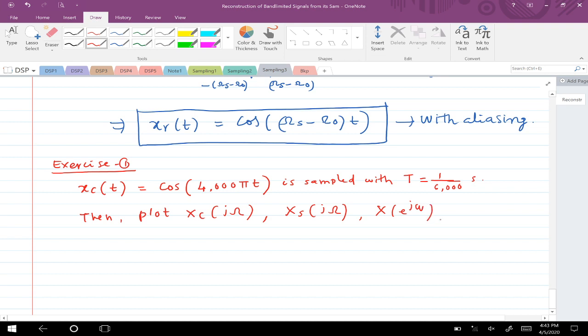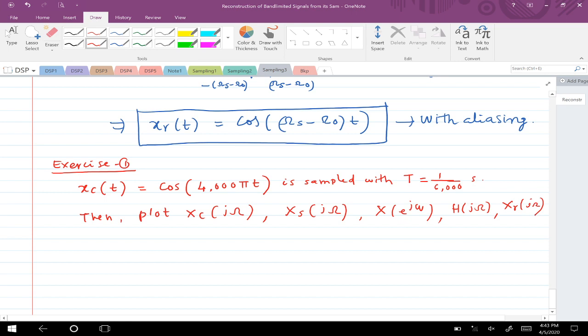From that you again take the inverse and then use low pass filtering and everything. Of course during low pass filtering you get H of j omega, and finally you get Xr of j omega. This is what I want you to do.